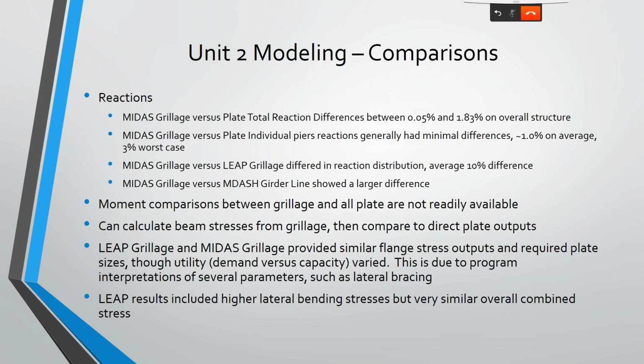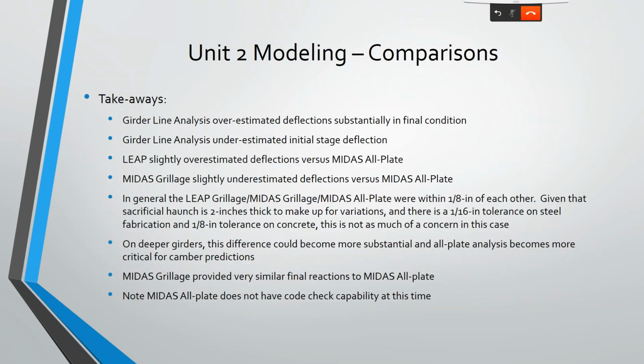In LEAP, it doesn't do as explicit an application, and we saw some variation in the capacities due to that, which changed that equation. So there were other parameters as well that had some effect on that. And in general, LEAP provided a higher lateral bending stress, but very similar overall combined stress, which is what it's really using for the final design.